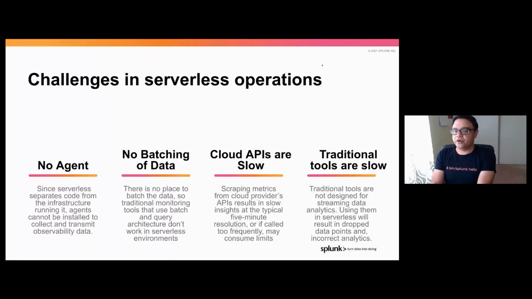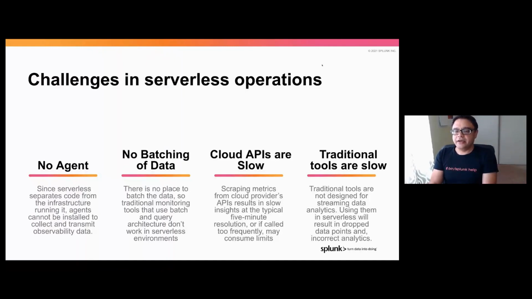But if you're not using Lambda Extensions, traditional monitoring tools that use batch and query architecture do not work in serverless environments, as they are not designed for streaming data analytics. Using them in serverless will result in dropped data points, and because of that, the analytics that you're seeing will be incorrect.